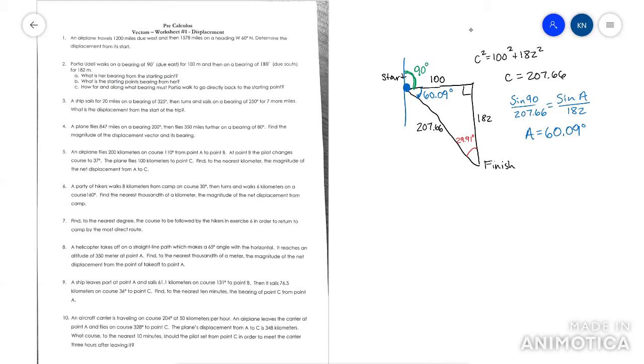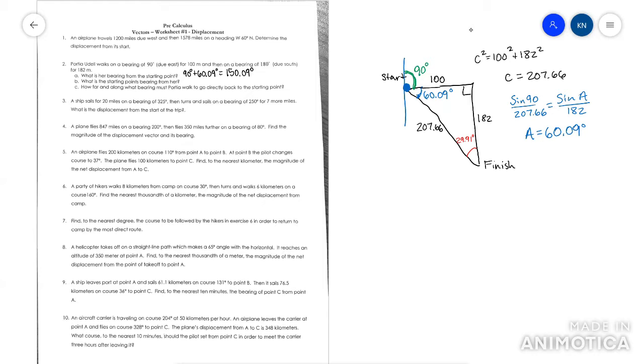To find this total pink angle, you just add 90 and 60.09. So for part A, I'm going to do 90 degrees plus 60.09 degrees, which is 150.09 degrees. That's my bearing from start to finish. I hope that made sense.